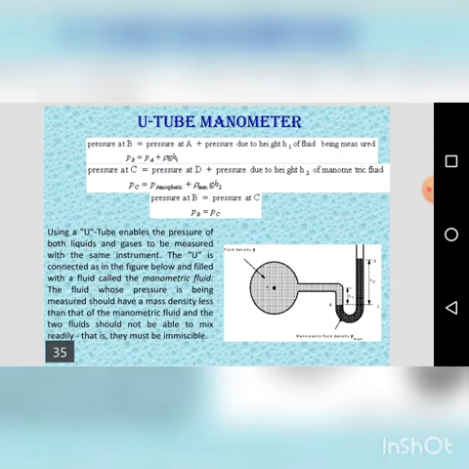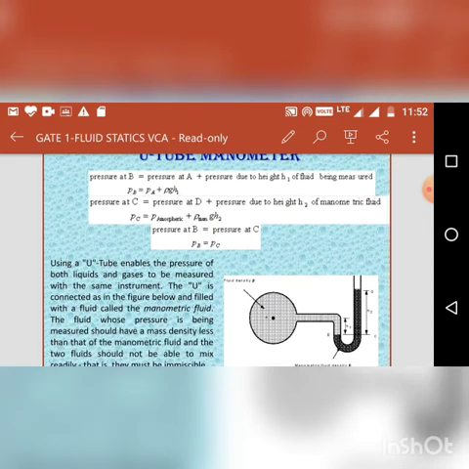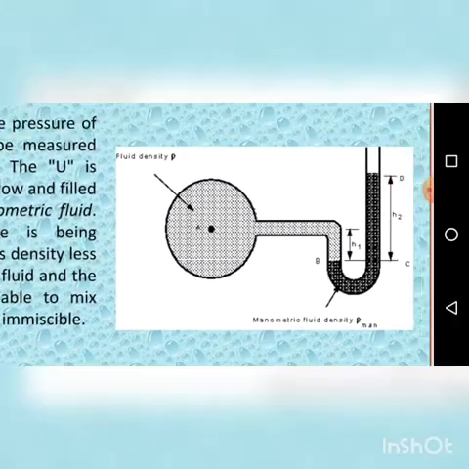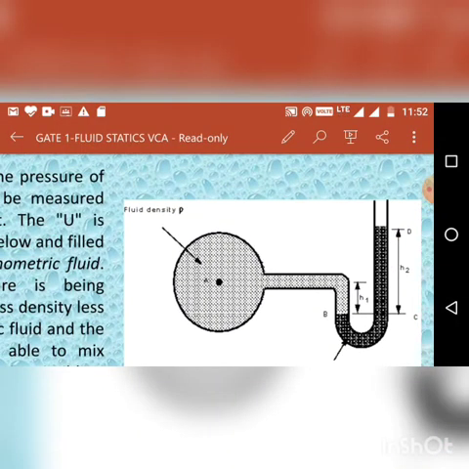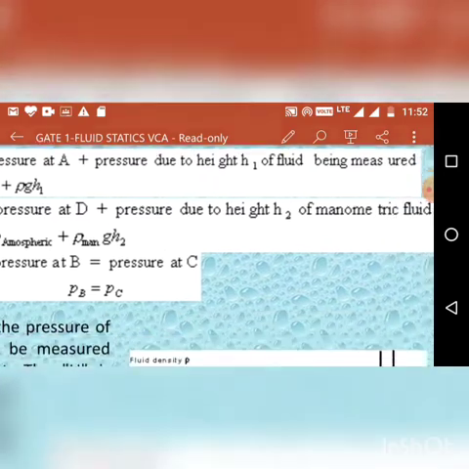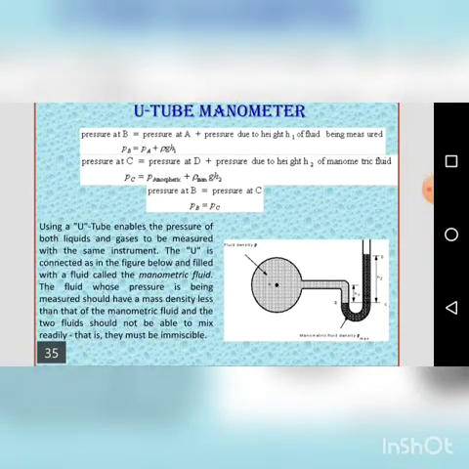Equate and you get the pressure to be measured at B. Pressure at B is equal to pressure at A plus pressure due to height of liquid H1.